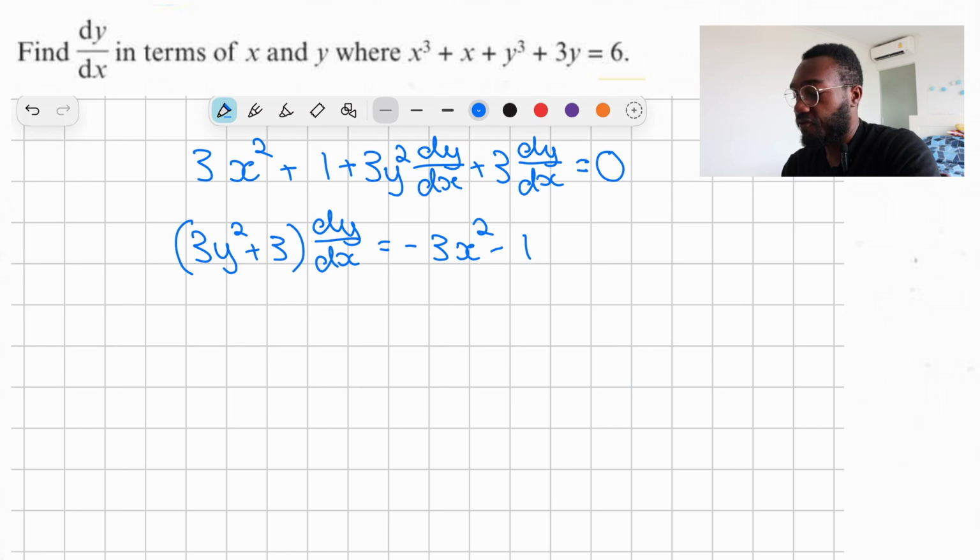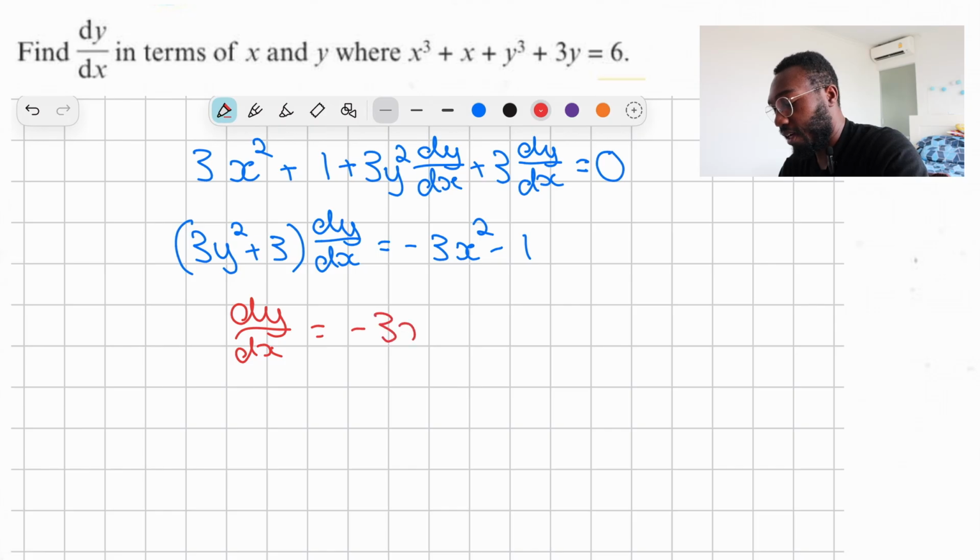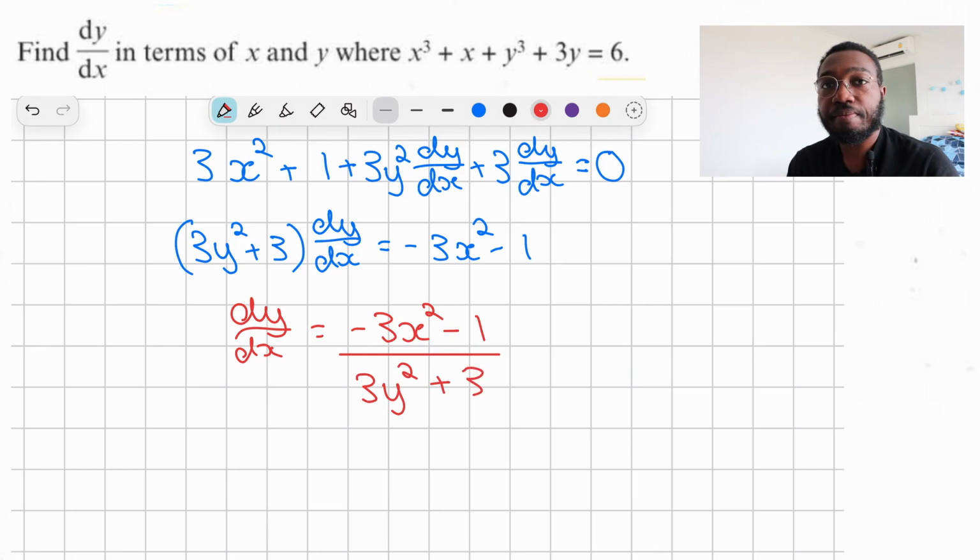And then at this stage, fairly simple, we just need to move that 3y squared plus 3 to the other side. So we're left with dy over dx equal to minus 3x squared minus 1, all over 3y squared plus 3.